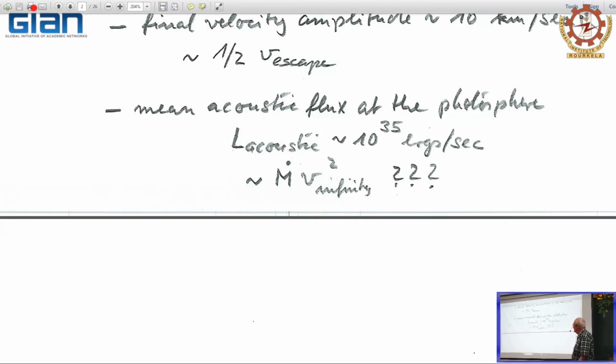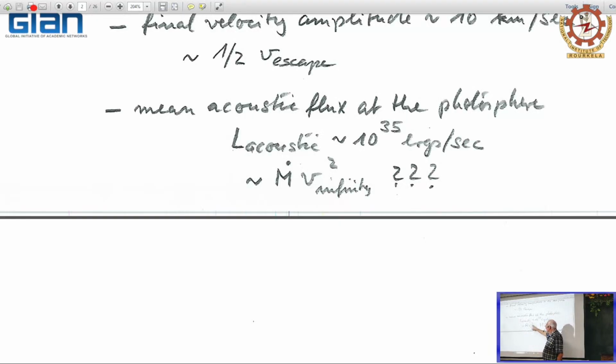So if the kinetic wind energy is similar to the acoustic luminosity, then the acoustic luminosity should be of the order of mass loss rate times V infinity squared. Well, for V infinity, we have a measure. It's the escape speed from the object. We can calculate that.